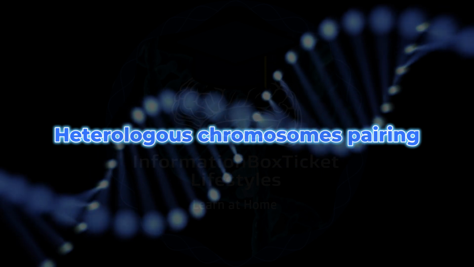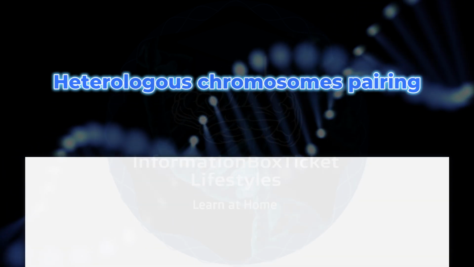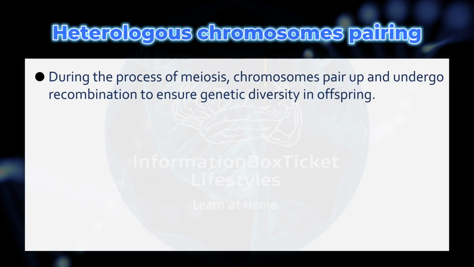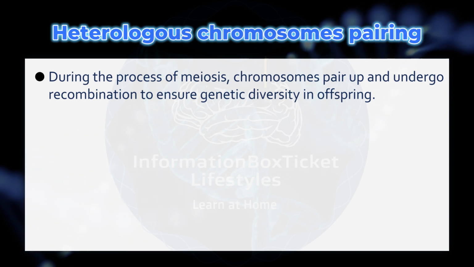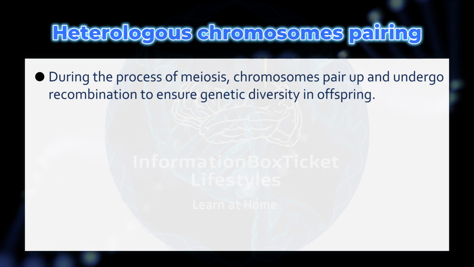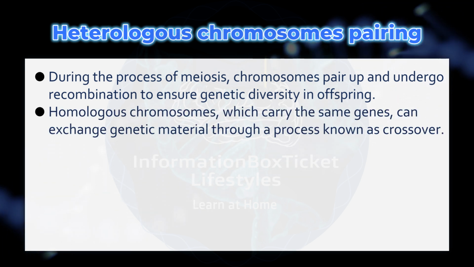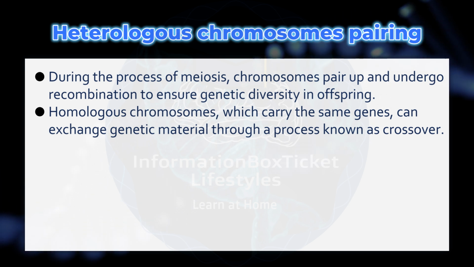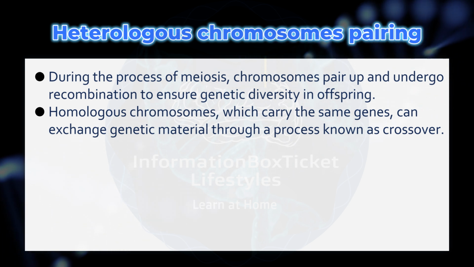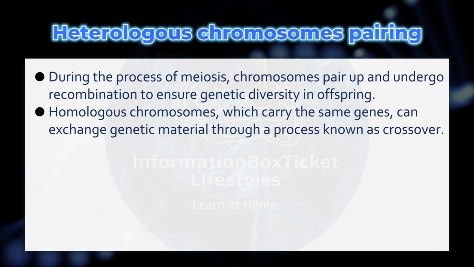Heterologous chromosomes pairing. During the process of meiosis, chromosomes pair up and undergo recombination to ensure genetic diversity in offspring. Homologous chromosomes, which carry the same genes, can exchange genetic material through a process known as crossover.